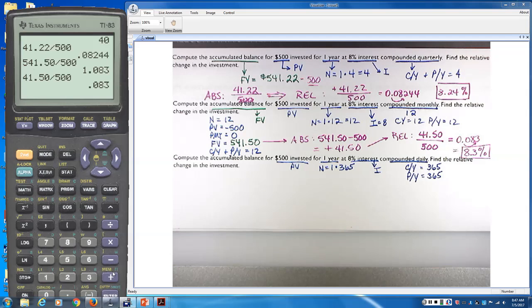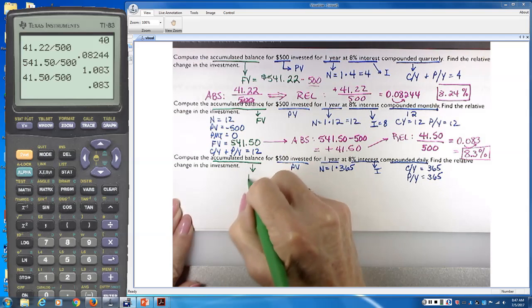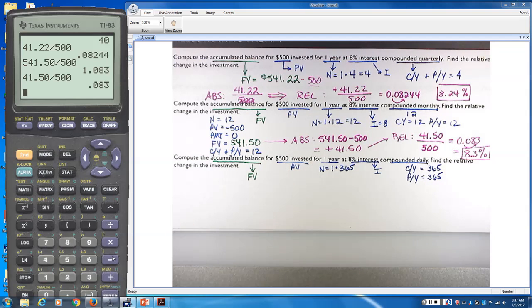And again, what we want is the accumulated balance, which is your future value. So we'll just go back second, x to the -1 to the solvers, to the finance functions, and then to solver.